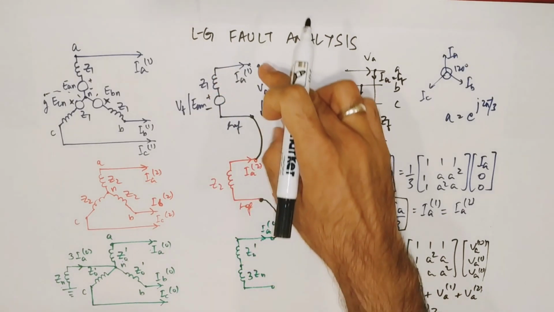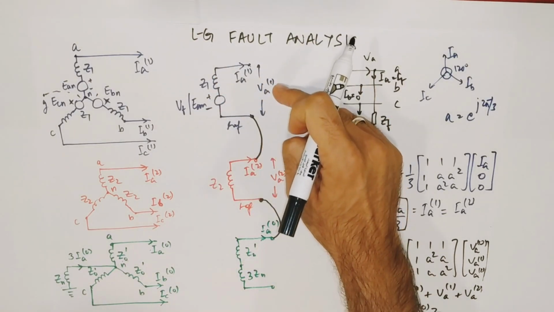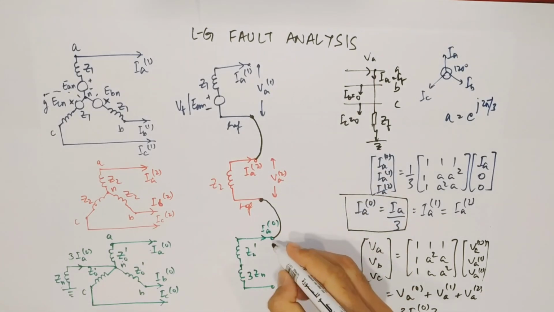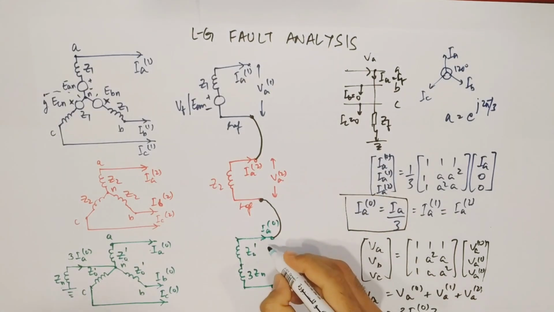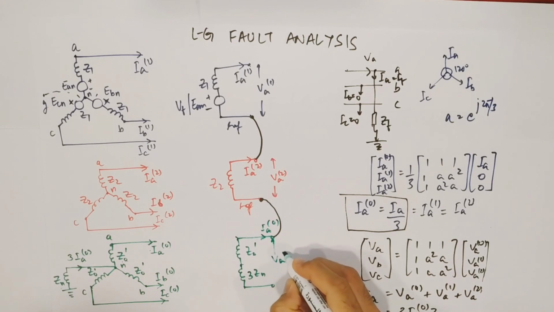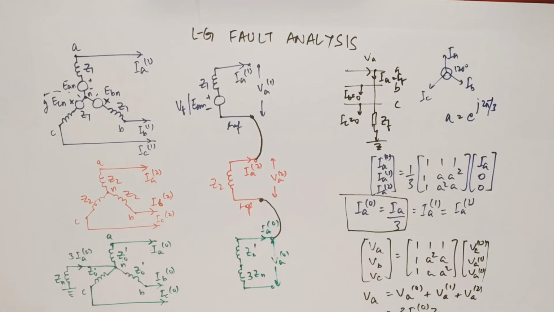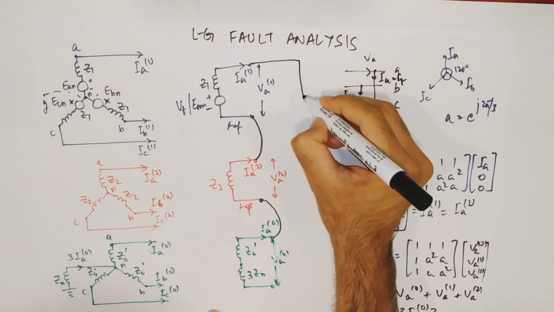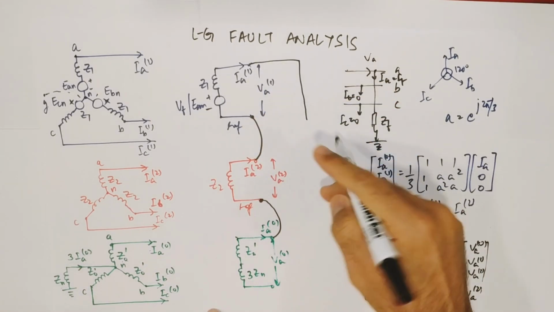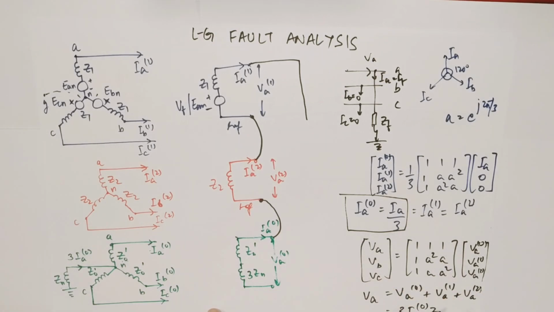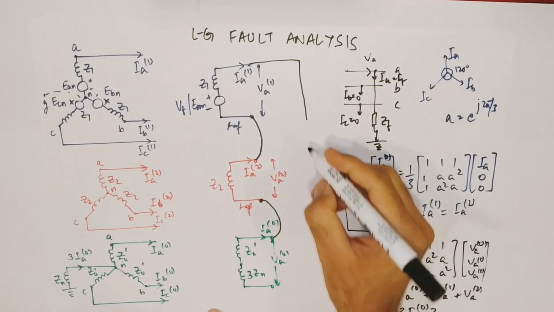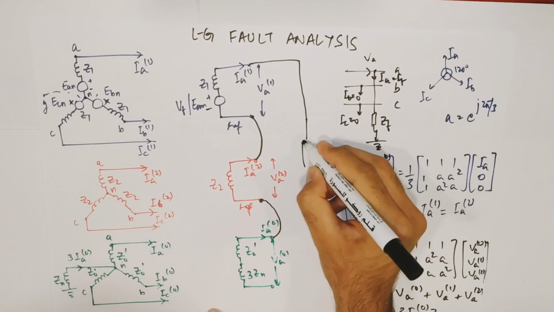Now if you add these voltages VA1, VA2 and VA0, this is your zero sequence voltage. So if you add these three, then you will get VA, and that means you have to add these three, you have to complete the circuit, and to complete the circuit you have this impedance connected, that is ZF.